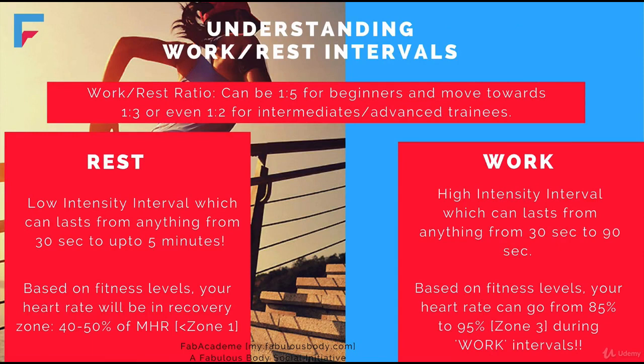Based on your fitness levels, your heart rate can go from 85% to 95%, that is zone 3, during your work intervals. Now when we talk about rest or the recovery intervals, this is the low intensity interval which can last anything from 30 seconds up to 5 minutes.